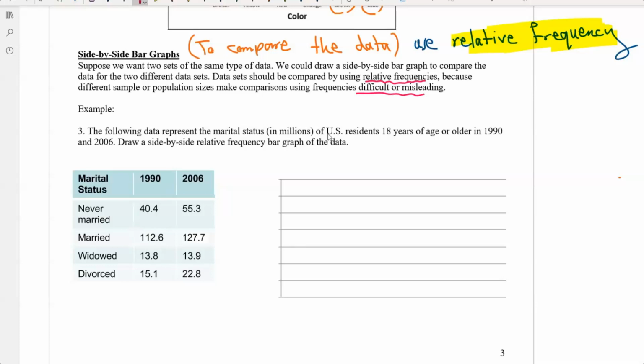And what we have on this part is frequency, and here also is frequency, because that number is how many times we have for this data. So for never married, we have 40.4 in 1990, then married, widowed, and divorced. What we have to do first before graphing is find the relative frequency, because we're not able to use these data.